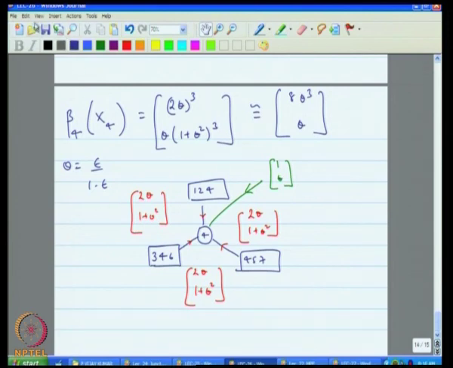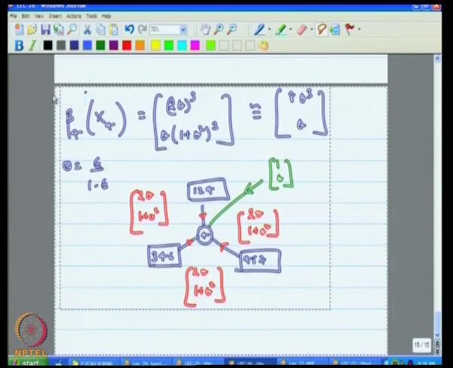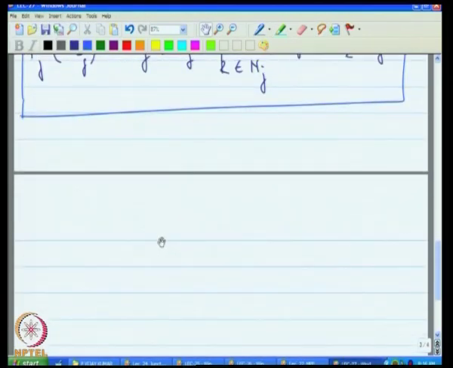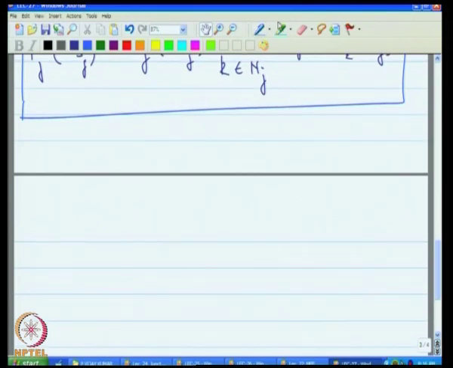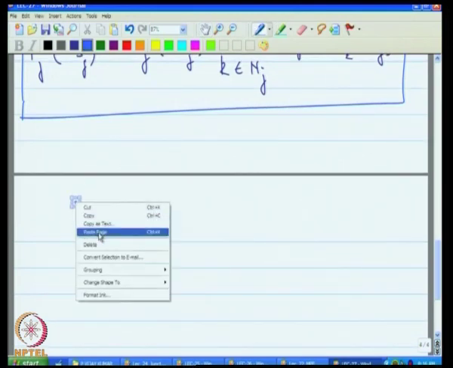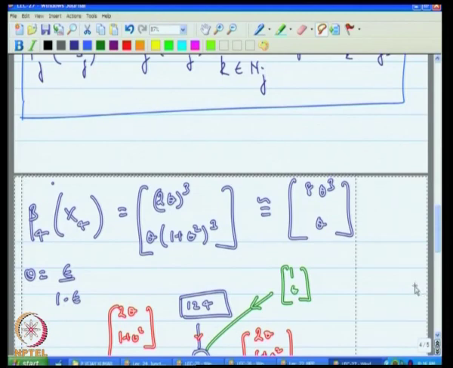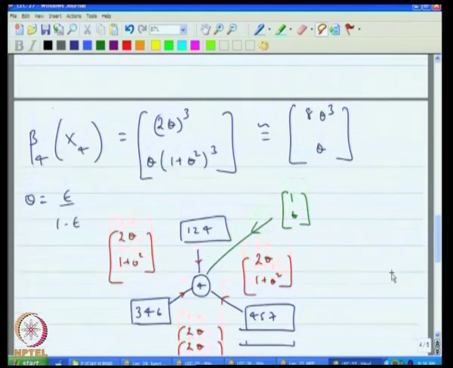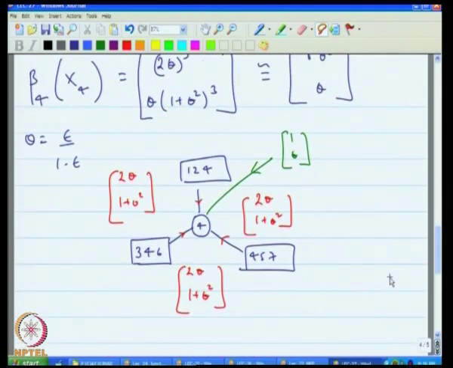So let me just select this page and copy it for our current lecture. Okay, so we have this. You can see here what I meant, because the incoming messages are (2, theta) and (1 plus theta squared) from each of these nodes.